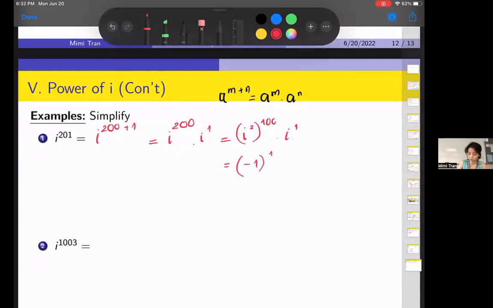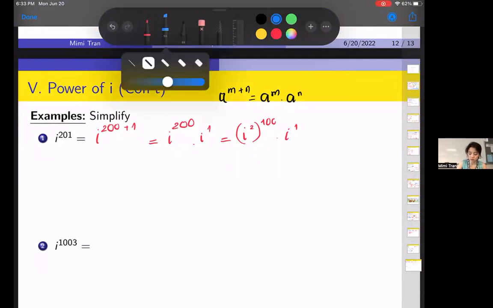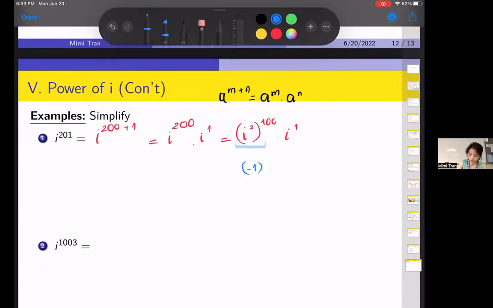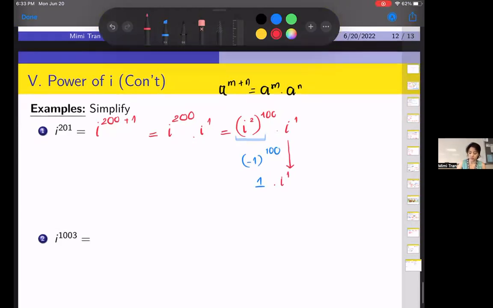So negative 1 to the 100. Well, negative 1 to the even power is going to be positive 1, right? Negative 1 squared is positive 1, negative 1 to the 4 is positive 1. And then bring down the I to the first. So 1 times I to the first is I. So your answer is I.